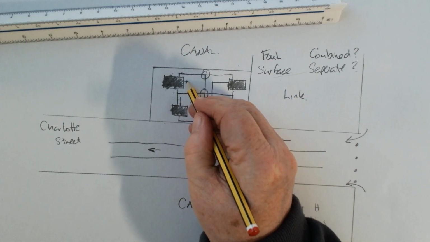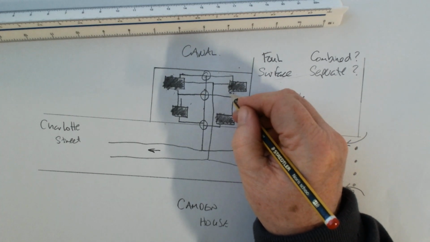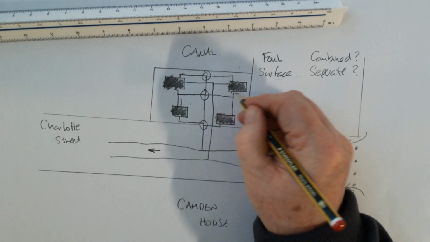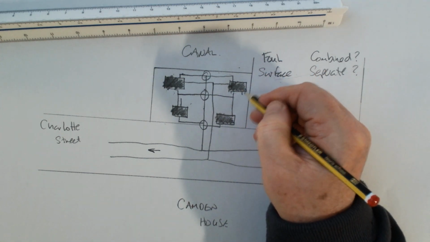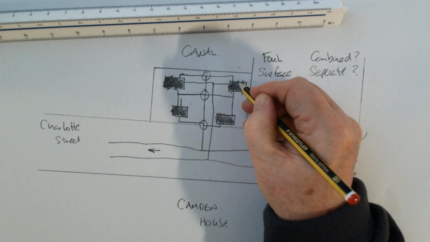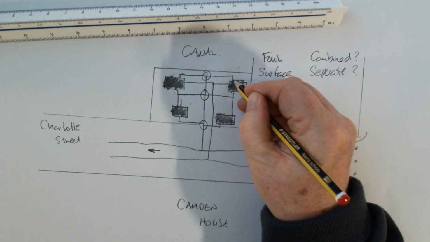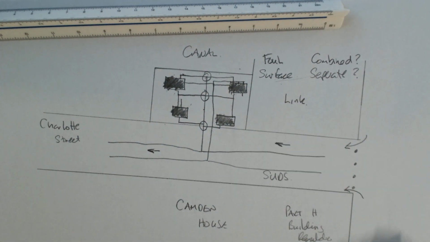Maybe you've got your toilet here, so you connect there. Maybe you've got a bathroom by here or by here, and sorry, we'll put it at the rear of the house. Maybe you've got a bathroom there, and you've got a kitchen here. So what you do is like that, and so on and so forth for each of the houses.